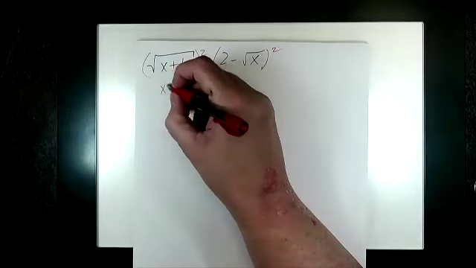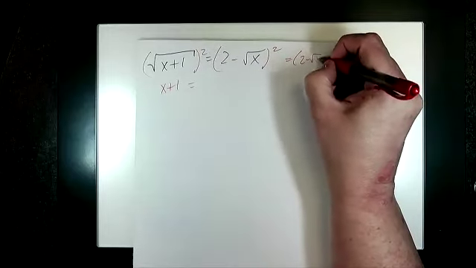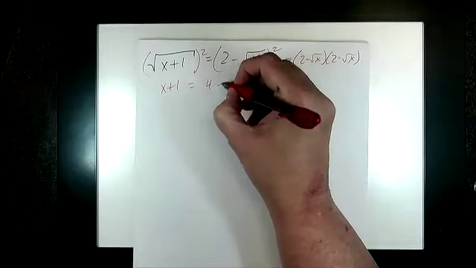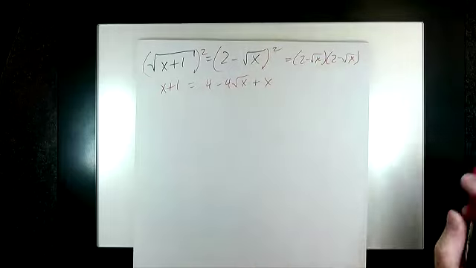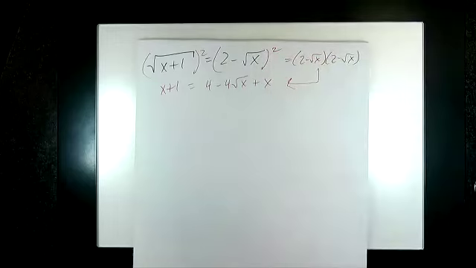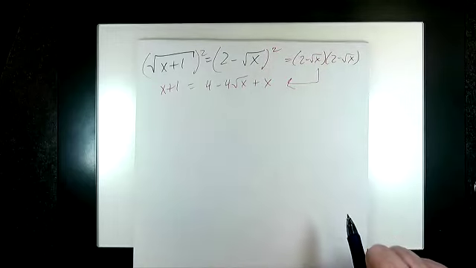Alright, so we got x plus 1 equals, now remember, this is 2 minus root x times 2 minus root x. So if you multiply that out and combine like terms, you're gonna get that. Now, we still have a radical, but we have less radicals.